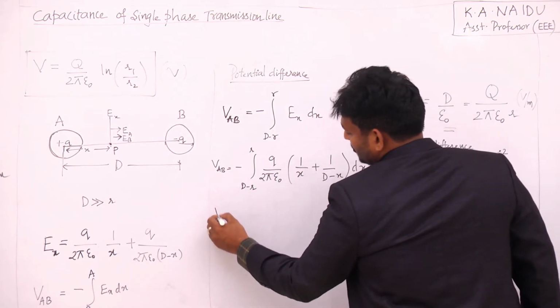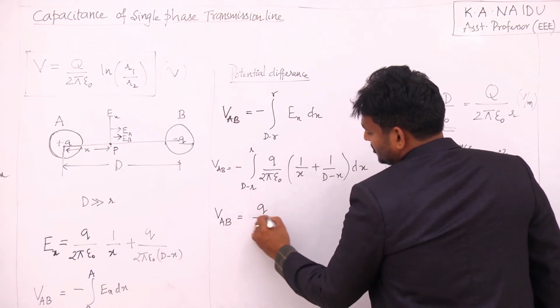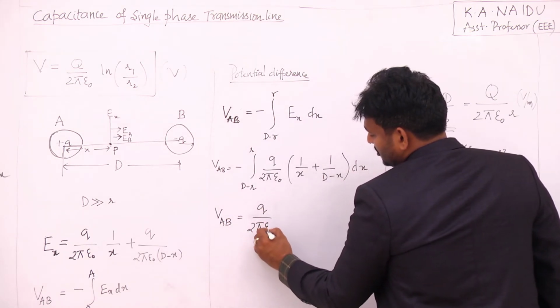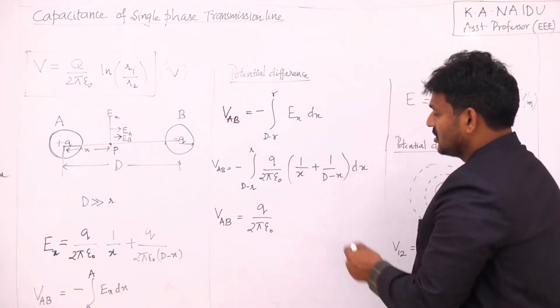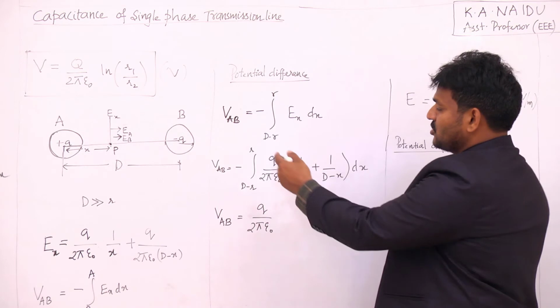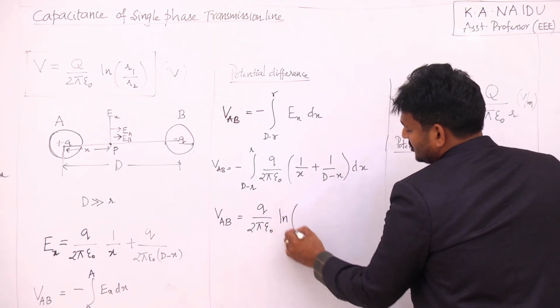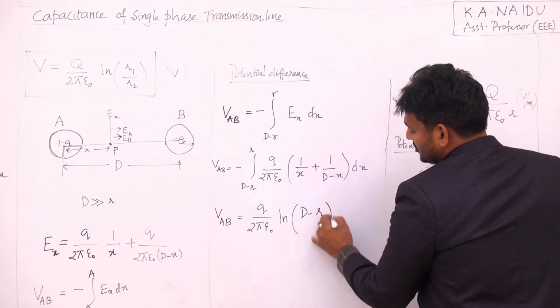Upon doing this, you get VAB equal to Q by 2 pi epsilon naught. You can solve this. What is the integral of 1 by x? It is log to the base e of x. You substitute these limits here also, and you will get ln of (D minus R) upon R.